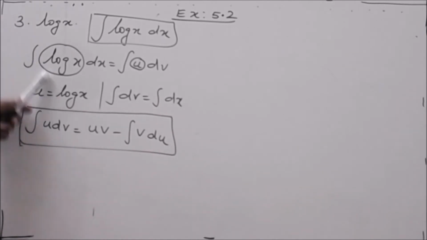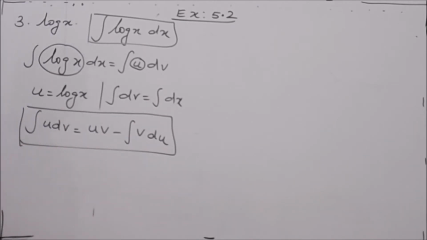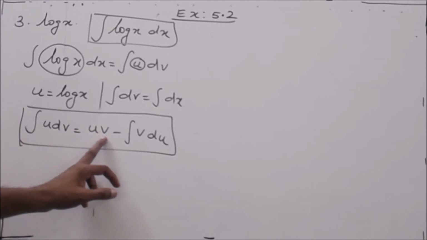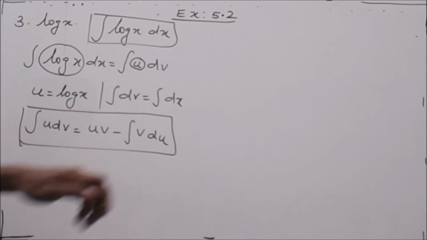Here, integral u dv equals uv minus integral v du. So we need u and v. U we have already taken from the question itself, u equal to log x. Then from dv we can find v.